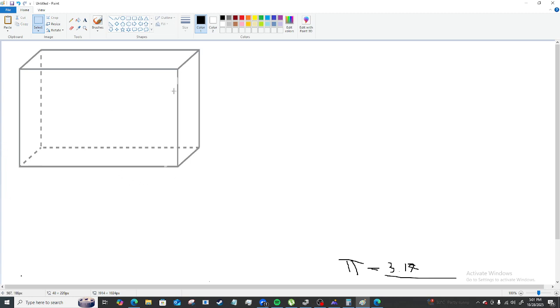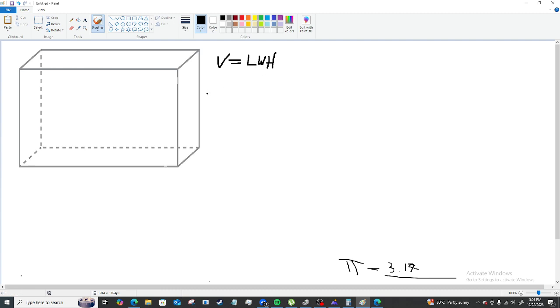There we go. This is a rectangular prism. And the formula for this is length, width, and height.